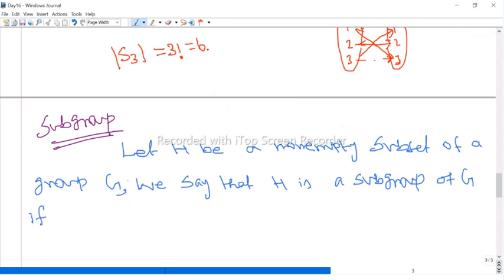For example, suppose G is a group with respect to the operation star. If the subset H, with respect to the same binary operation star, also forms a group, it satisfies all the properties of a group.